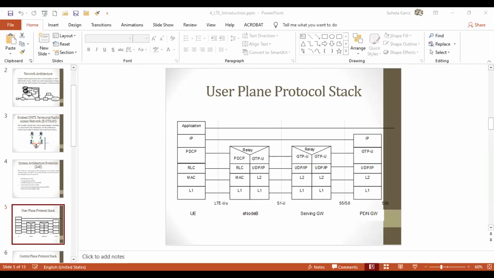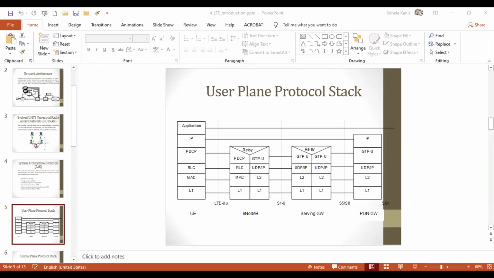It's about the user plane, for user data, which uses the path between the UE and the core network. On the network side, you have the eNodeB, then the serving gateway, then the PDN gateway.